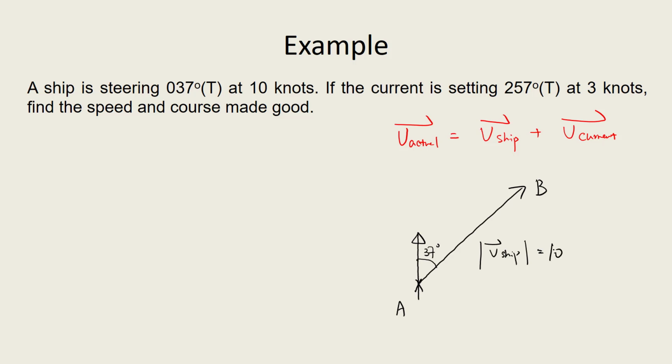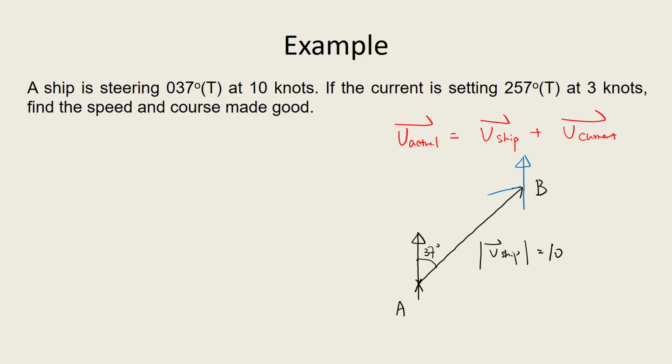The question also tells you the water current is 257 degrees from the north. Using the head to tail method that we have learned in physics, we can draw the velocity vector for the water current. So this is the north direction at point B, and the velocity vector for the water current is 257 degrees from the north.